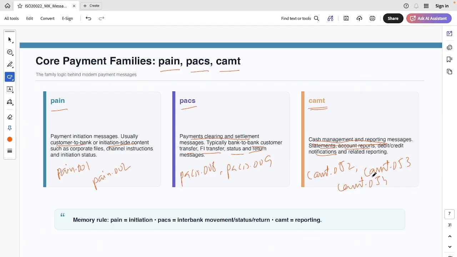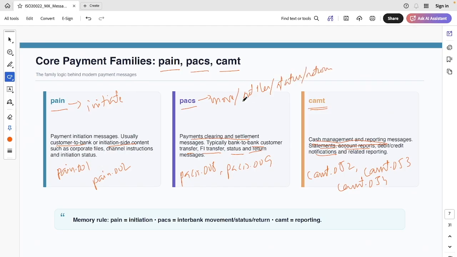To remember it quickly, PAIN basically starts the payment. So you remember it is an initiator. PACS moves or manages the interbank payment. So it is basically related to moving, settling, status and return.